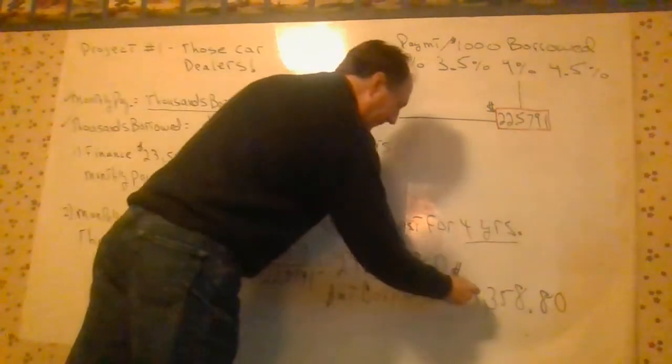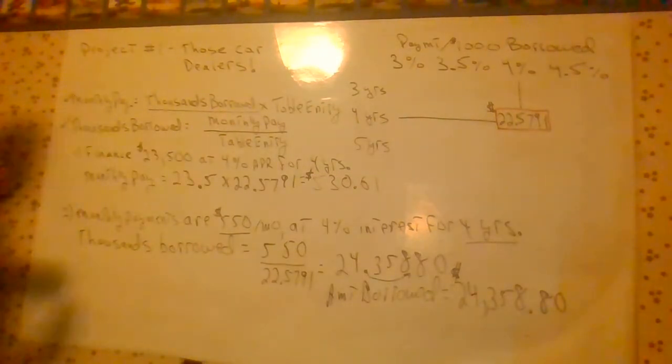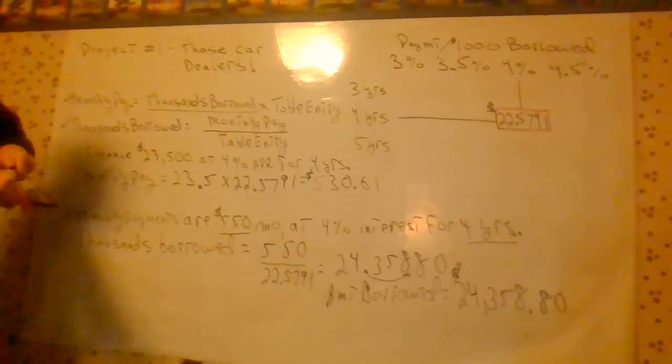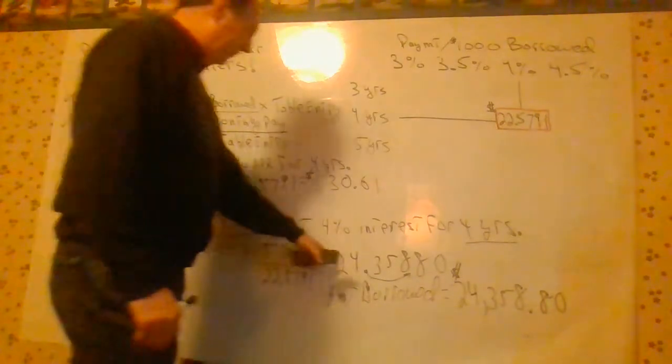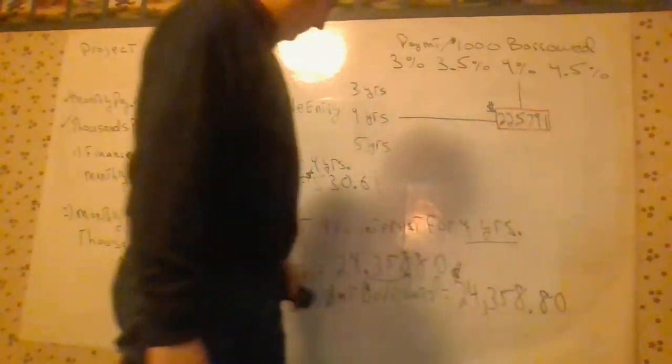It's just a simple step that you have to do to convert to the amount borrowed. If you borrow 24.3 thousand, that's $24,300, quite simply put.